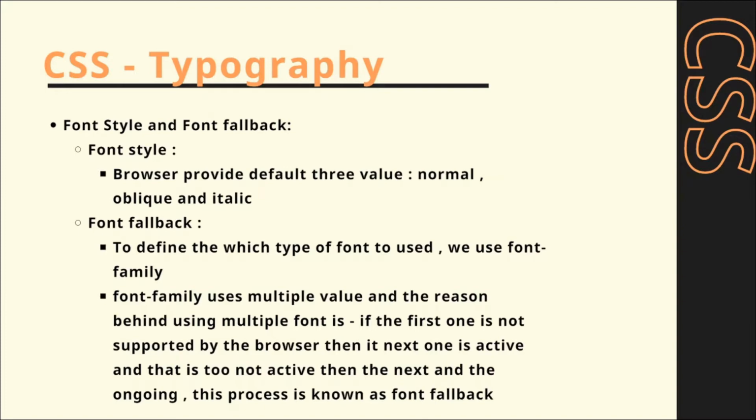Font family uses multiple values, and the reason for using multiple fonts is that if the first one is not working or is not supported by the browser, then the next one is active, and if that is not active either, then the next, and so on. This process is known as the font fallback. We will check this out in action also.